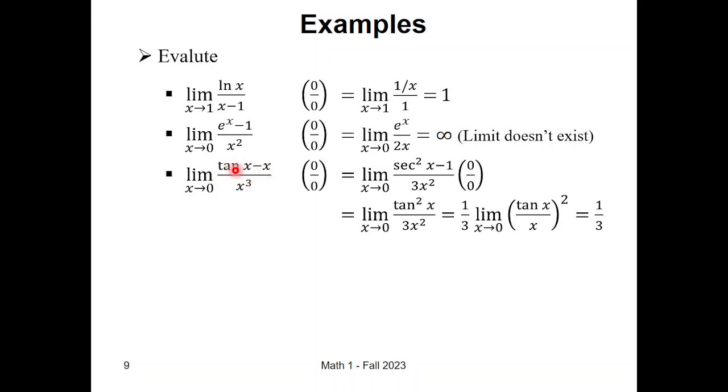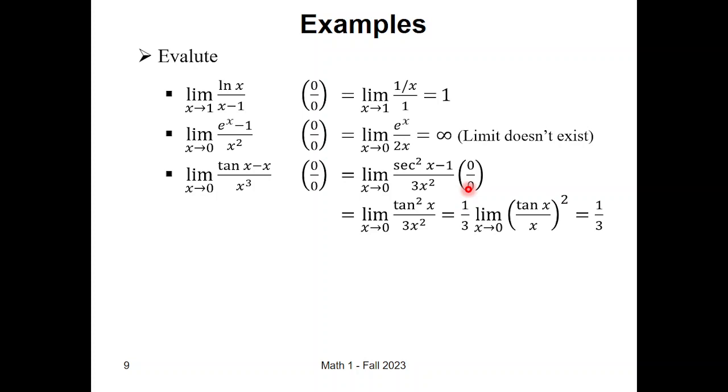Consider another example. This function also, when you substitute x equals 0, you get 0 over 0. So we can apply L'Hopital's rule. Derivative of tan x equals sec squared x, derivative of x equals 1. Derivative of x power 3 equals 3x power 2. Now, if we put x equals 0 again, you get 0 over 0. This suggests that you have to apply L'Hopital's rule again.